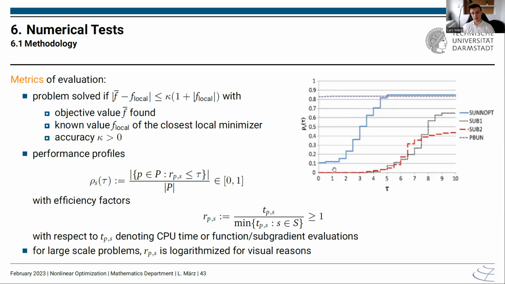So the underperformance factor is very controlled compared to the subgradient methods, which have really a slow increase in slope, meaning that they have high underperformance factors around 6, 7, 8 times the most performant method. For large scale problems, R had to be logarithmized for visual reasons.